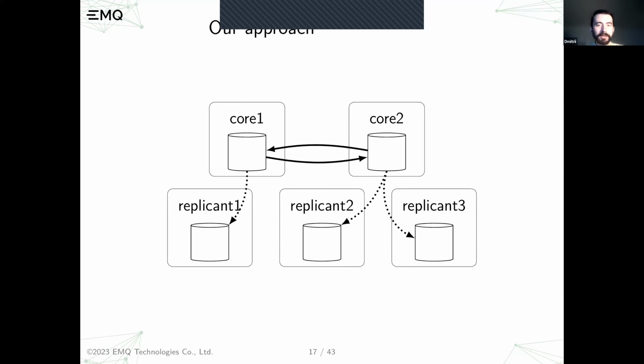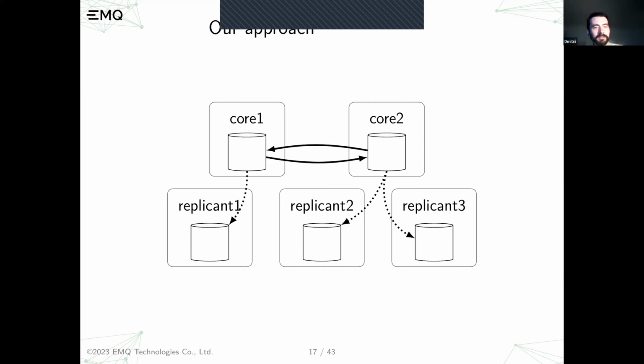We further simplified the design by assigning each node one of the two roles, core or replicant. Core nodes are very similar to the regular Mnesia nodes, and replicant nodes are read-only. This helped us to simplify the replication protocol even further by making sure that the transaction logs flow strictly in one direction.